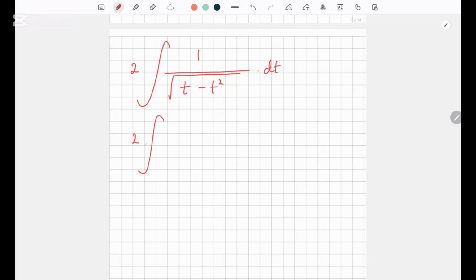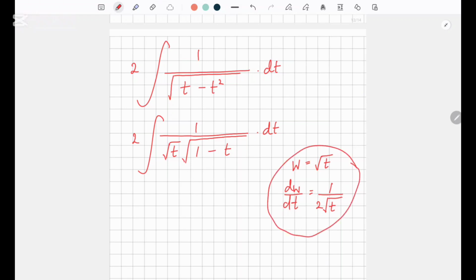I'm going to take t out from the denominator, so it's 1 over root t into 1 minus t dt. Now let's take a substitution of w equals root t. So dw over dt equals 1 over 2 root t. This part is easy.